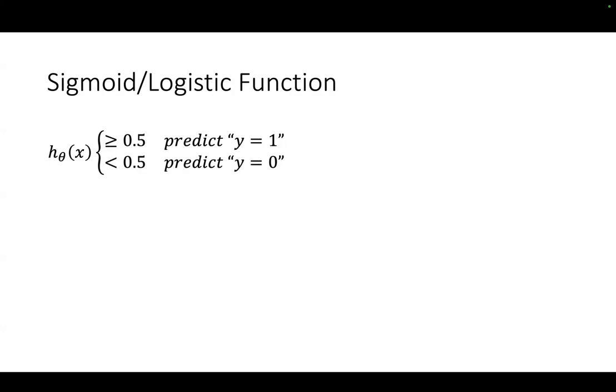Dun sa linear regression before, yung hypothesis mo is based on a linear function, di ba? Y is equal to mx plus b, or theta naught plus theta 1 times x. Okay, but dito, tignan mo yung value ng hypothesis. If it's less than 0.5, then it outputs 0.